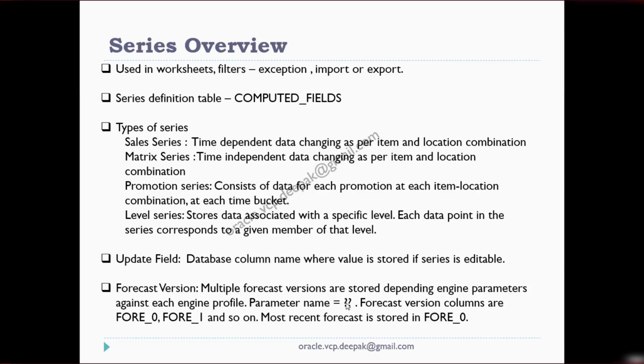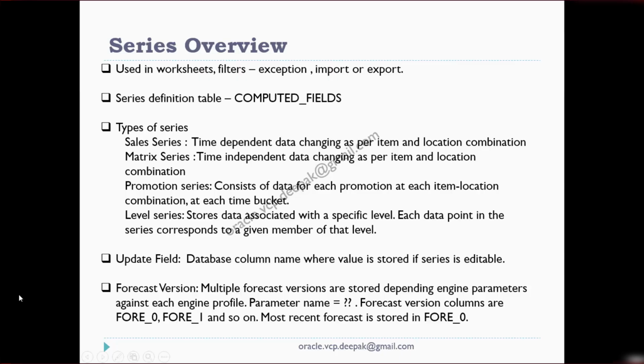So there is one parameter. I forgot to mention it here. There is one engine parameter, and depending on that engine parameter, it uses a number of these columns. Sometimes you want to compare the last 4 periods, then you can have 4 columns, like FORE_0, FORE_1, FORE_2, FORE_3.